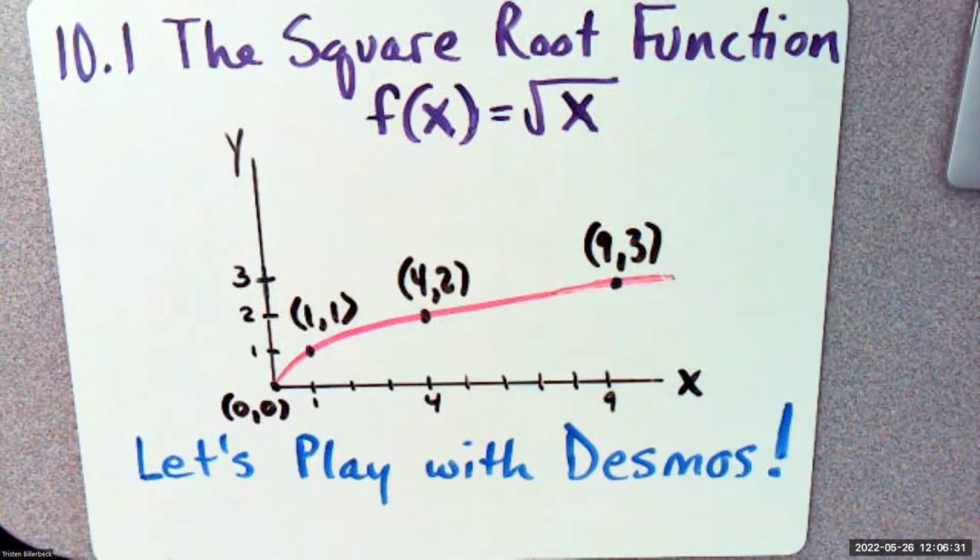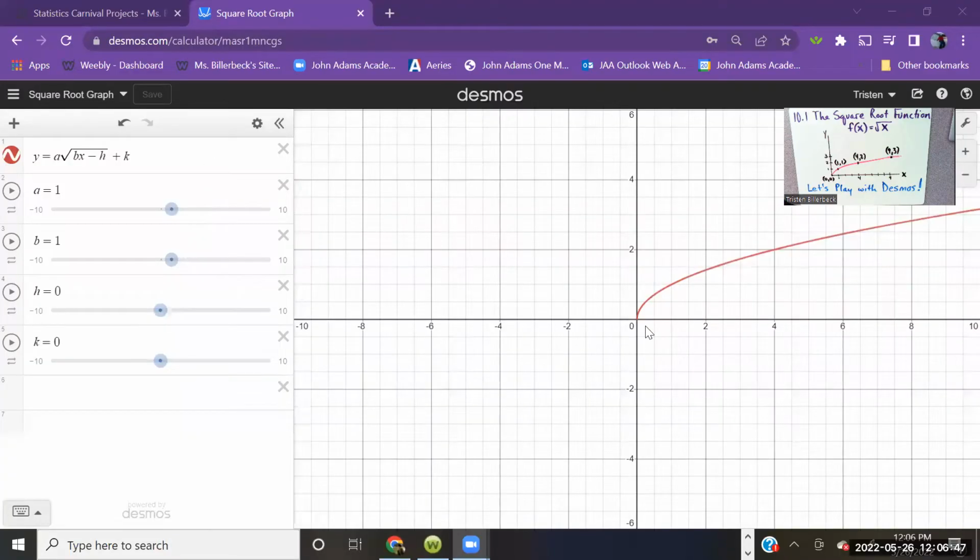Well, let's take a look at Desmos and see what the square root function does. All right, so this is our typical square root function here, which is displayed on this graph as well.